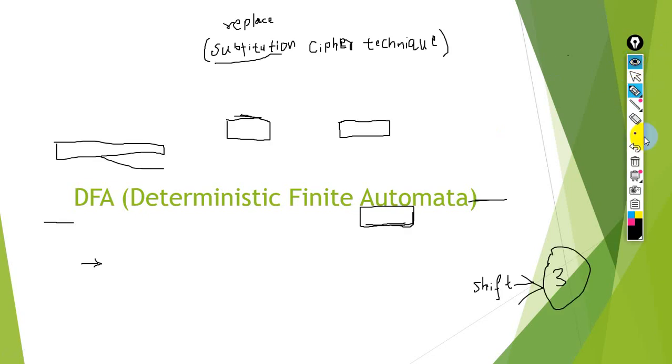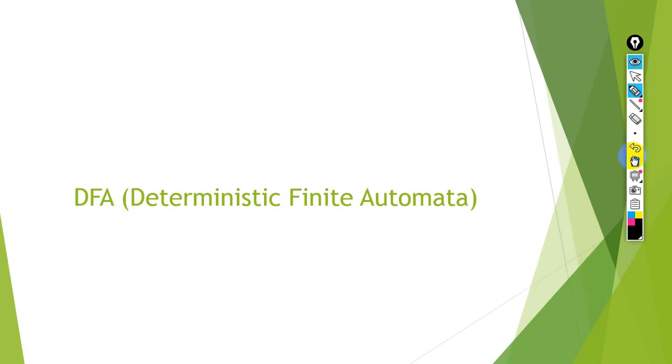In the very first lectures, on the NFA, I divided FA, or finite automata, into two portions, if you remember.